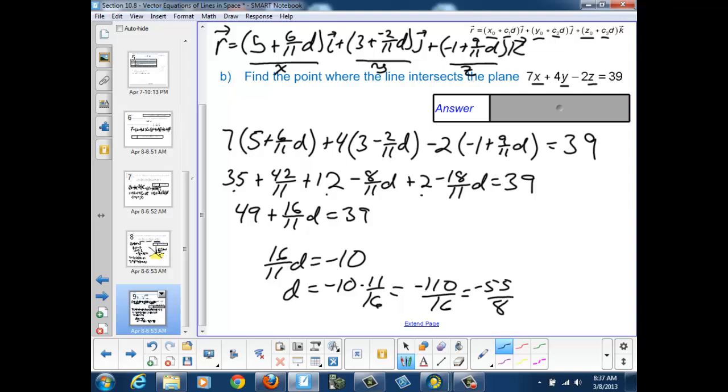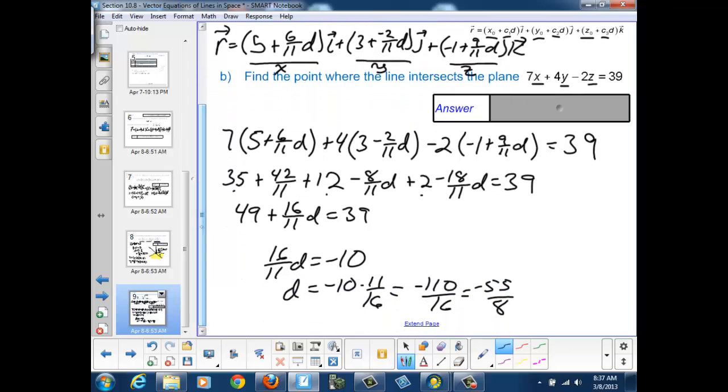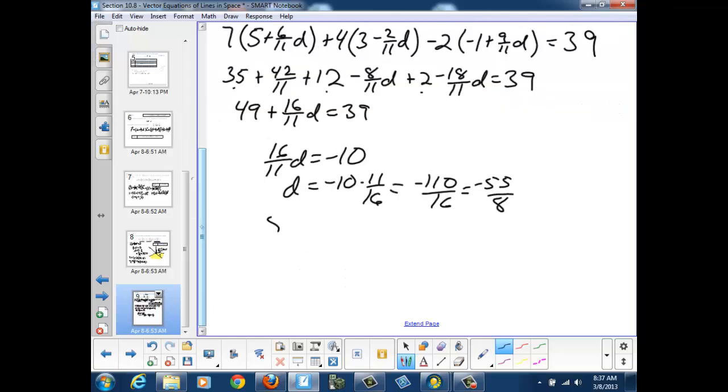I now have a value for d, but my question is to find the point where the line intersects the plane. So I'm going to use that value for d in my equation for the line. My value for d will give me my x coordinate: 5 plus 6/11 times negative 55 eighths.